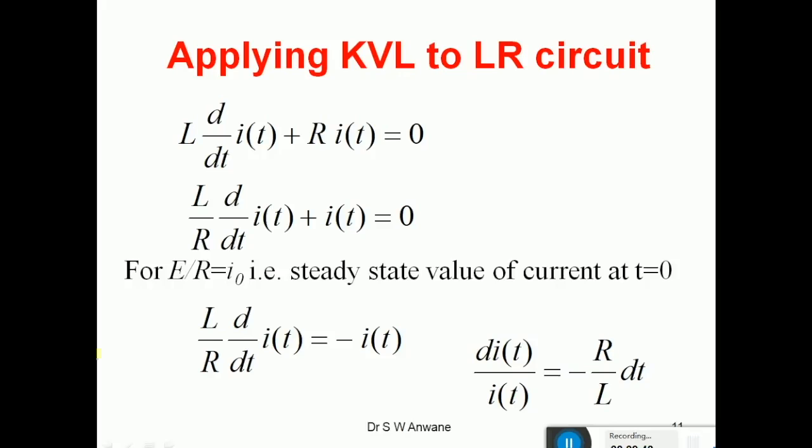The separation of variables technique we have to use, with I of t on the left hand side and the t term on the right hand side. So our differential equation will take this form. Now a simple integration will give us the solution of the differential equation.